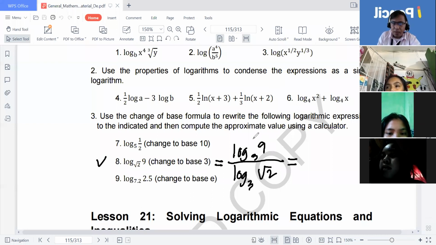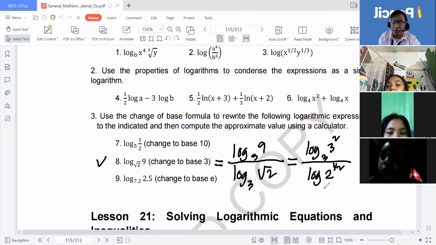In this case, this portion can be simplified, because this can be written as log of 3 squared base 3, as well as below, log of 2 raised to 1/2 base 3. Then this exponent can be written beside it, as well as this 2. So it will now be 2 log of 3 base 3.